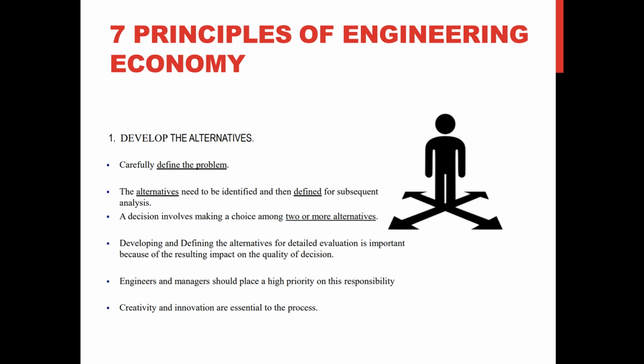So later on we will learn, in a while we will learn this one. The next, engineers and managers should place a high priority on this responsibility. Then creativity and innovation are essential to the process. Okay?